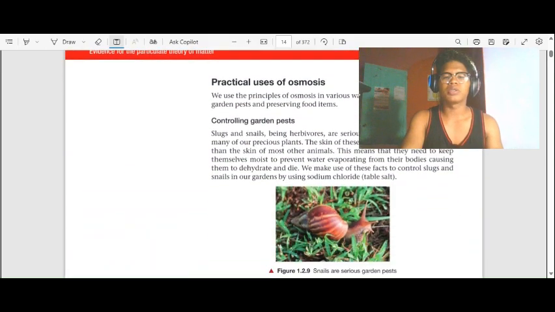So let's go into the practical uses of osmosis. We use the principle of osmosis in various ways. These include controlling garden pests and preserving food items. Gardening, controlling garden pests: slugs and snails, being herbivores, are serious garden pests which ravage many of our precious plants.